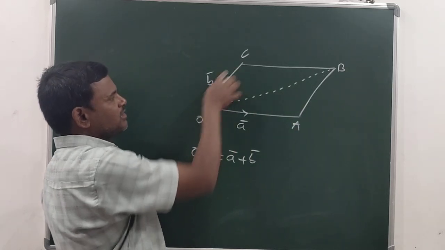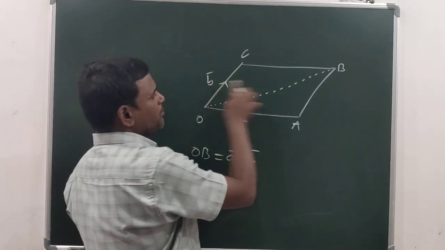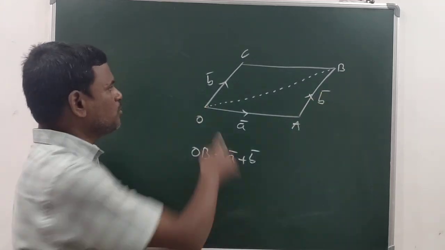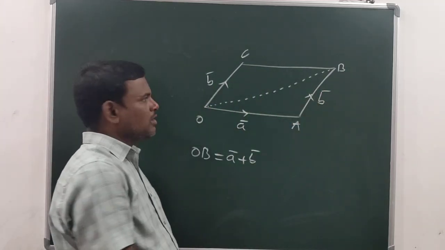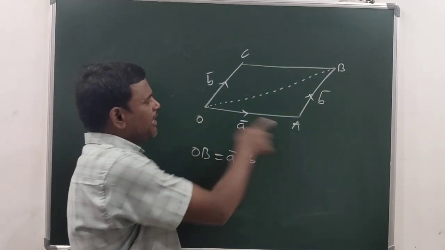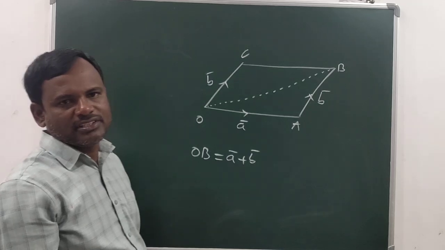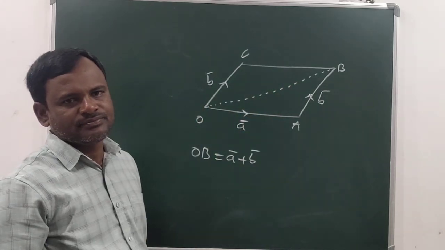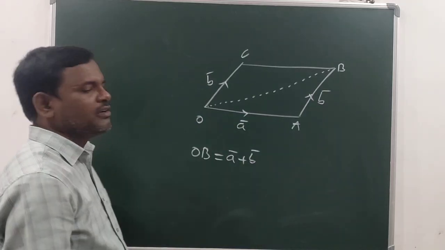It is given as B bar, no? Hence that B bar can be written for AB because both are parallel. Now I want OB. How do I get OB? By adding these two, by the triangle law of addition. So then OB is equal to A bar plus B bar. Okay? Right. Next.